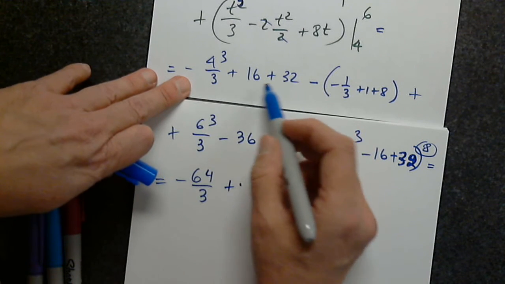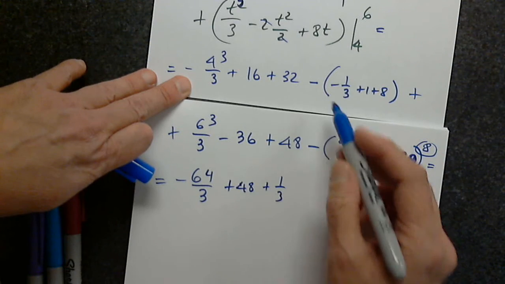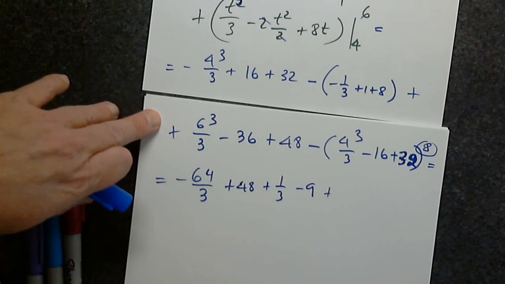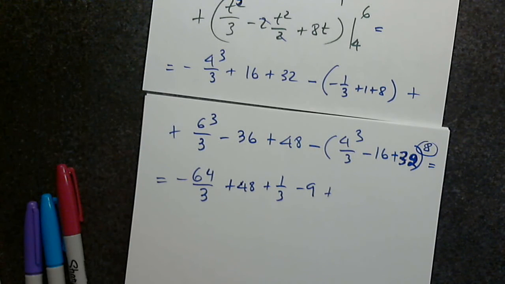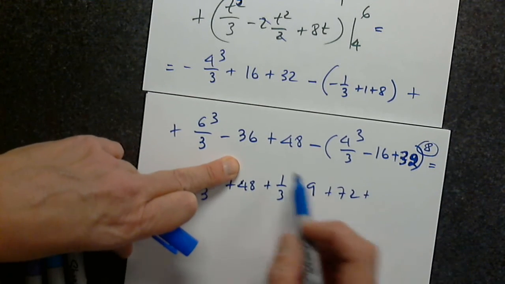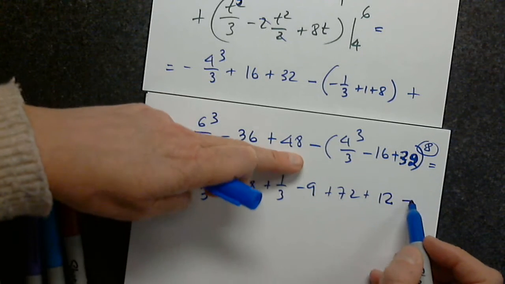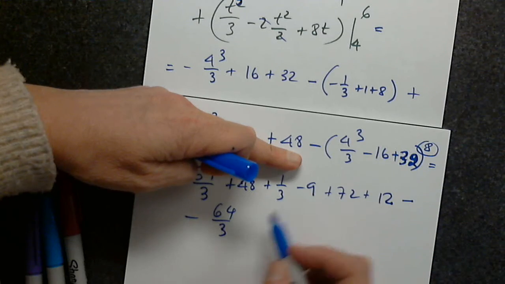This is positive 48. This is positive 1/3. What did I get before for this? It's the same number. 72, right? Yeah. So this is 72. This is positive 12. This is negative 64 over 3. This is 16 with minus in front.